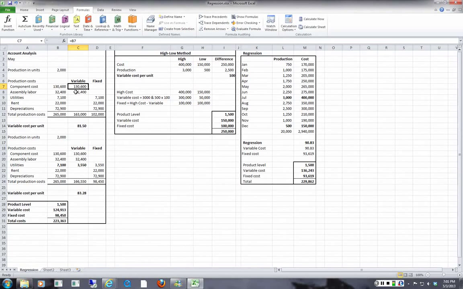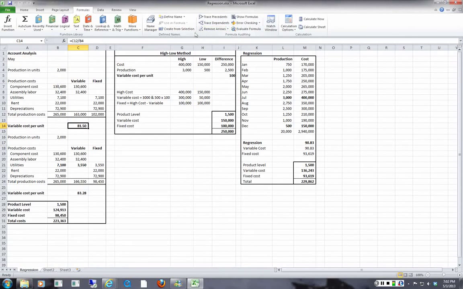And I determine that $32,400 of assembly cost is indeed variable. All the rest of those costs are fixed. So of that total $265,000, $163,000 is variable, and $102,000 is fixed. So now I take that variable cost and divide it by the 2,000 units of production, so that I come up with the variable cost per unit of $81.50.